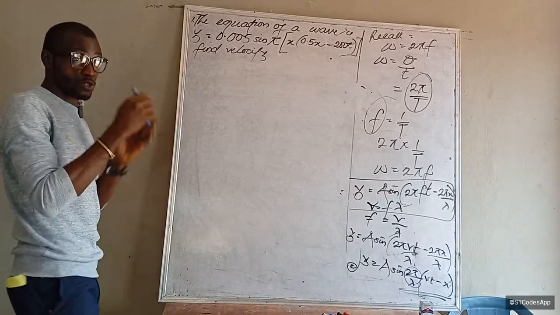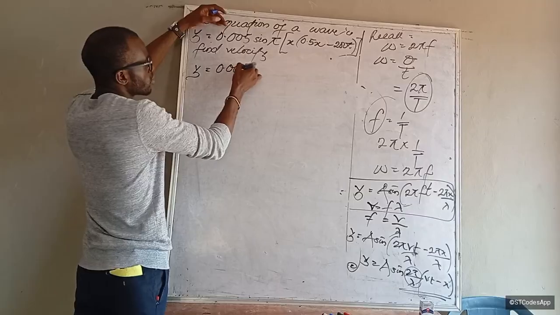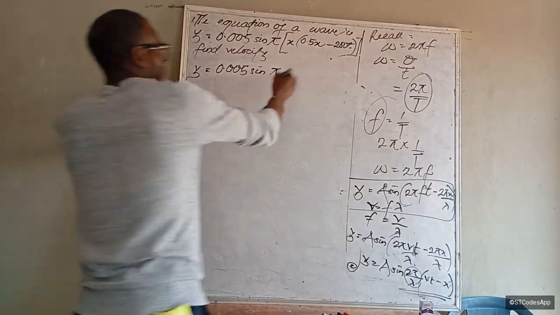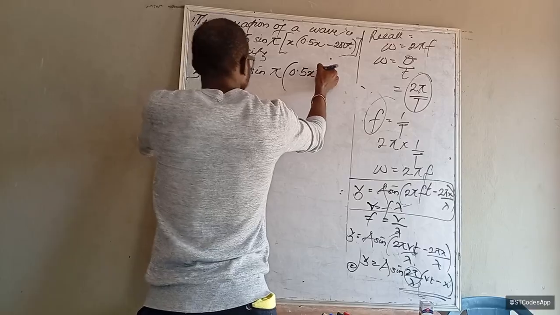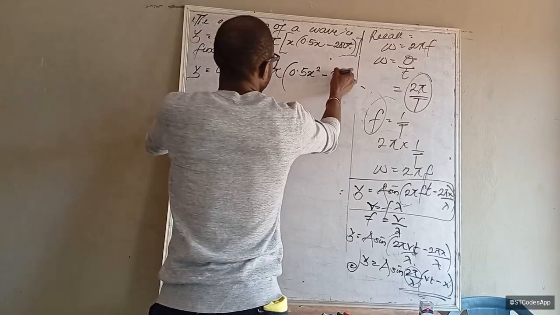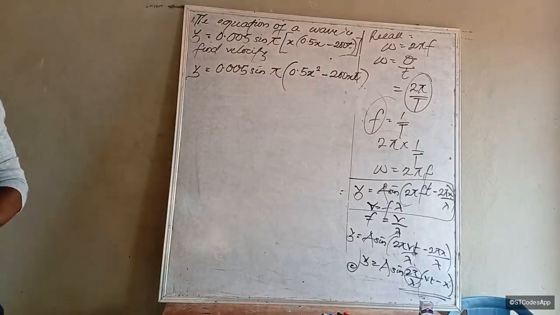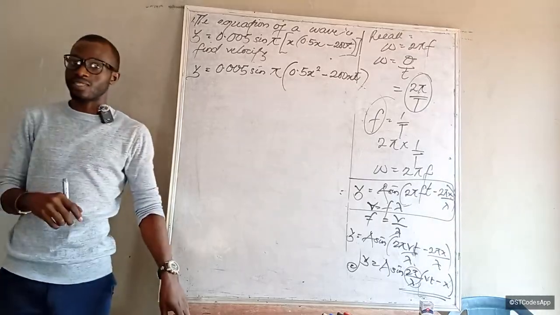The first thing you're supposed to do here is y will be equal to 0.005 sine pi. Let's leave that outside. Open bracket 0.5x squared minus 200xt. Let me ask you, what's the amplitude of this thing? What's the maximum downward displacement of this thing?